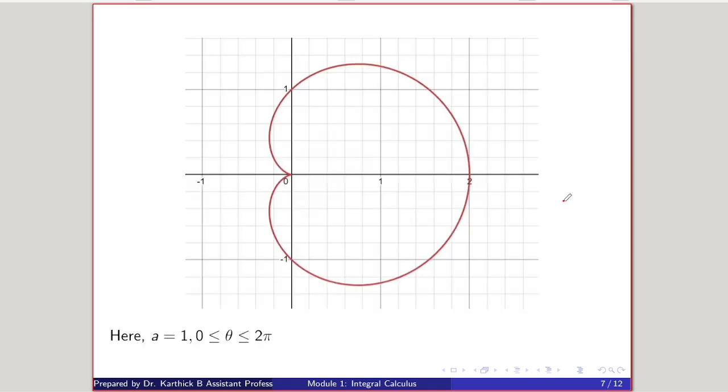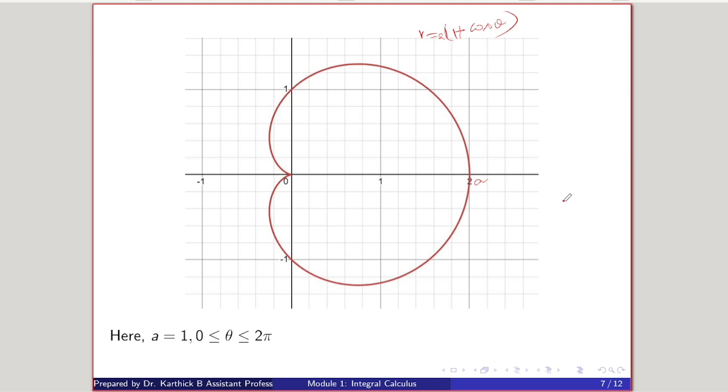So how do we decide the region? Simply, this will be the graph, because they have given r equal to a into 1 plus cos theta. So this will open on the rightwards. Here it will be 2a. If it is a, here it will be 2a. Just see, the x-axis equally splits the area of the cardioid.